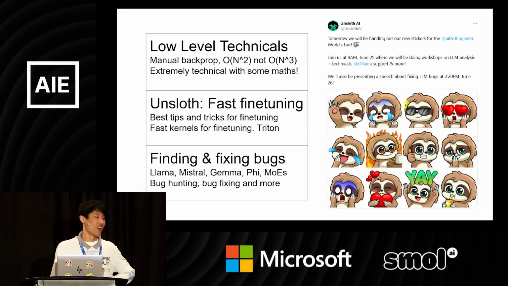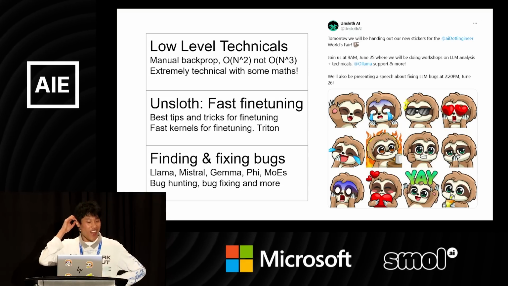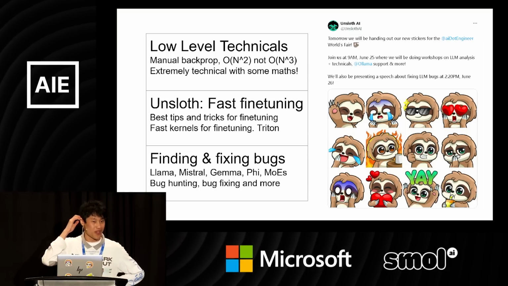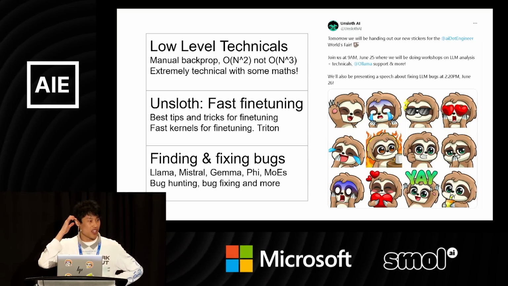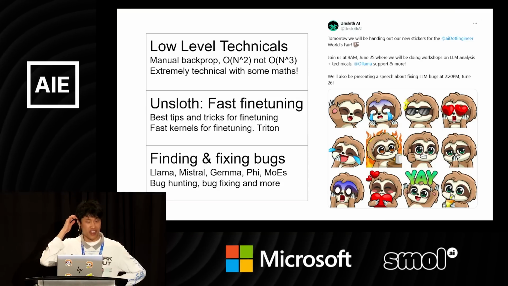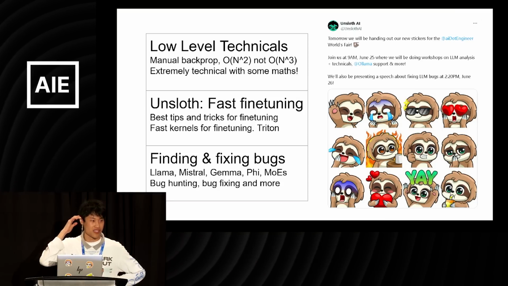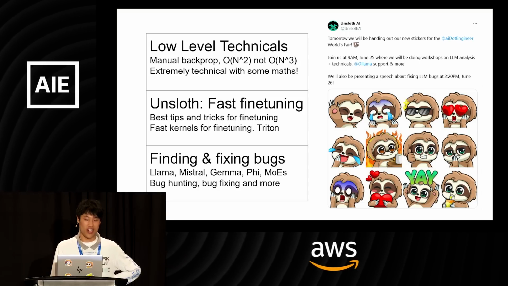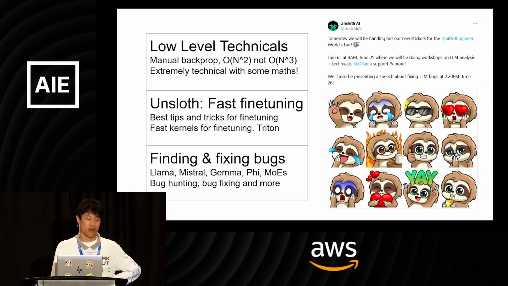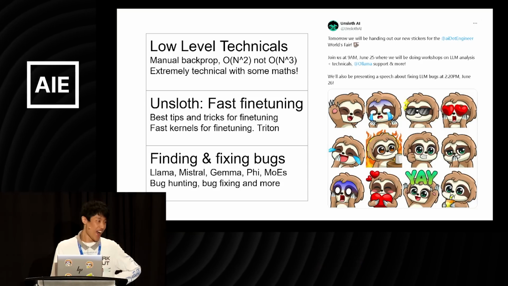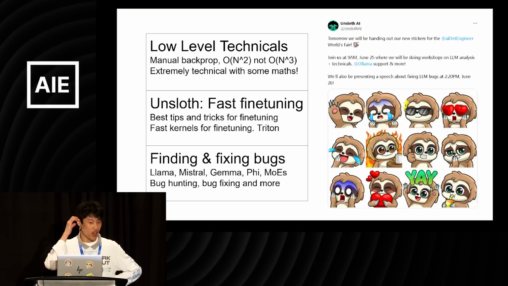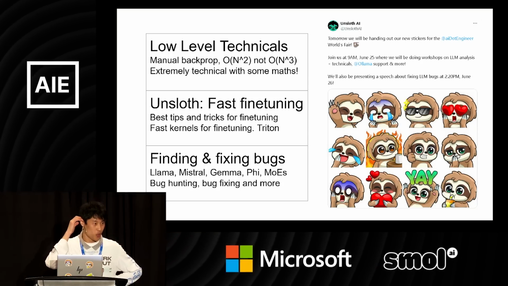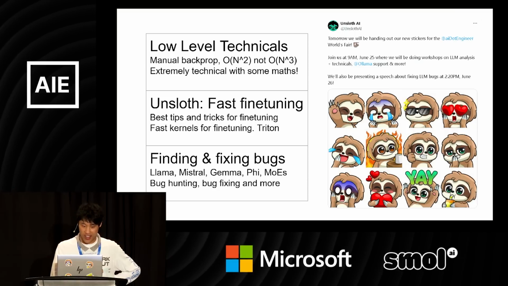Okay, I should have put this on the first slide, but today we'll be having 3 approximate topics. I wanted to make them 3 different separate topics, but I just mixed them together. You'll be learning about low-level technicals of language models, for example, backpropagation. Why is training transformers O(n squared) rather than O(n cubed)?